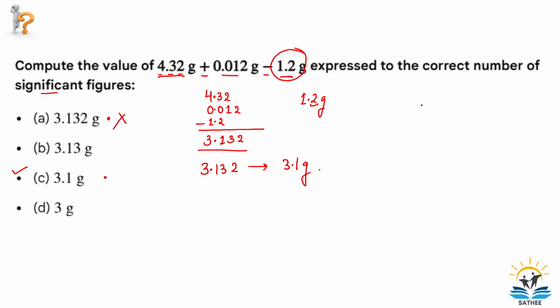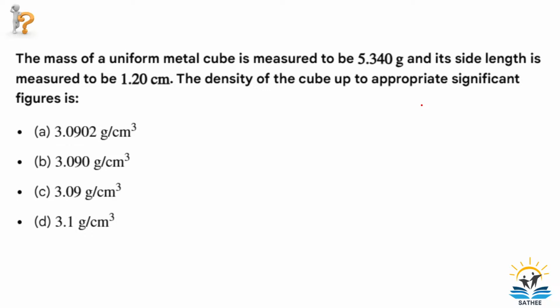Those who have said option C, very good. Next question. The mass of a uniform metal cube is measured to be 5.340 gram and the side length of the cube is 1.20 centimeter.